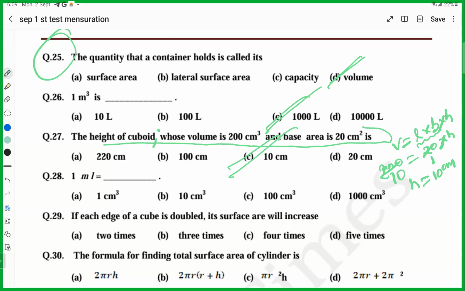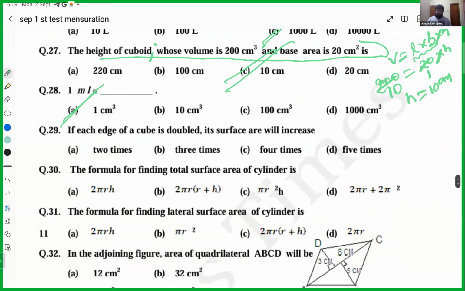Sir, 1 centimeter cube. Yes, 1 centimeter cube. How many of you are not understanding how to convert these basic units? Please raise your hand. Hello, I hope no one has a doubt.